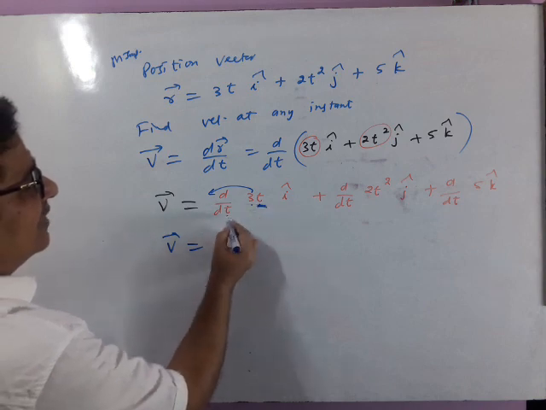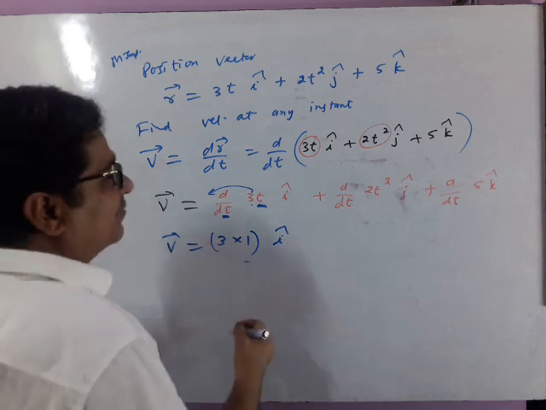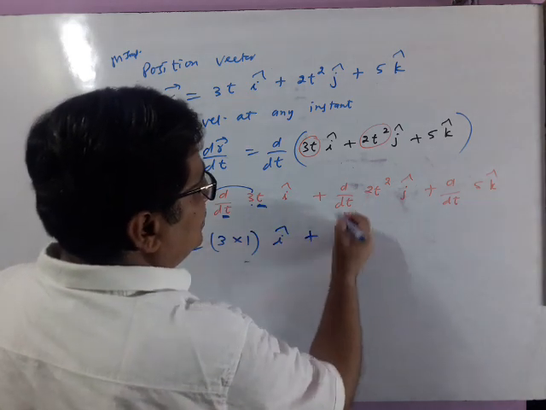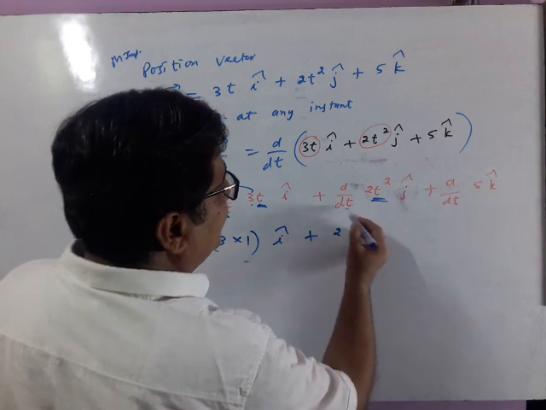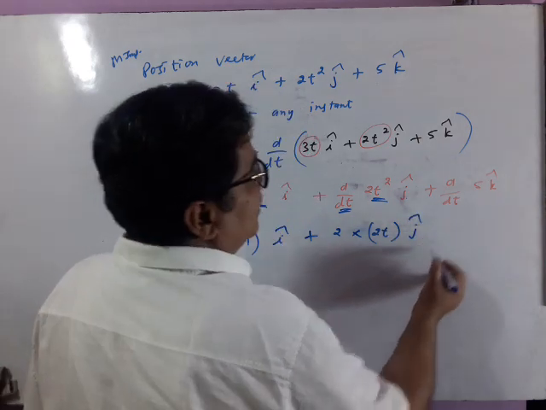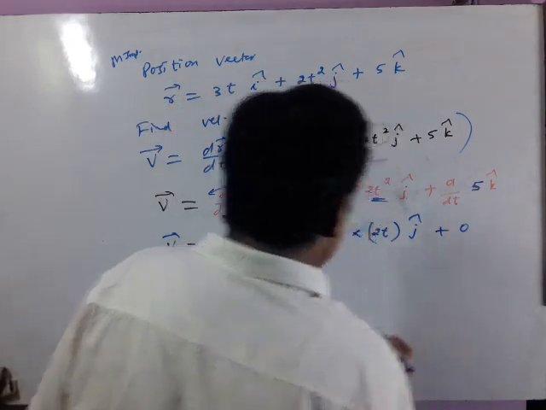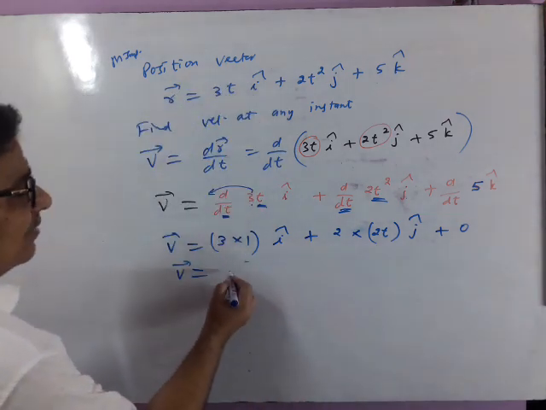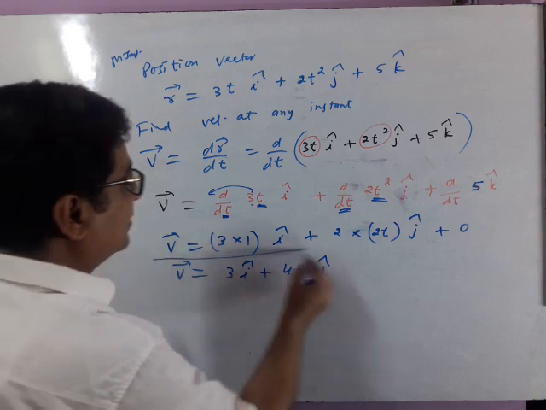Now differentiation of t with respect to t is 1 and this is i cap, carried forward. Plus 2 is constant, taken outside. Now differentiation of t square with respect to t is 2t into j cap. See, 5 is constant and differentiation of a constant will be 0. So the velocity vector comes out as 3i cap plus 4t j cap.